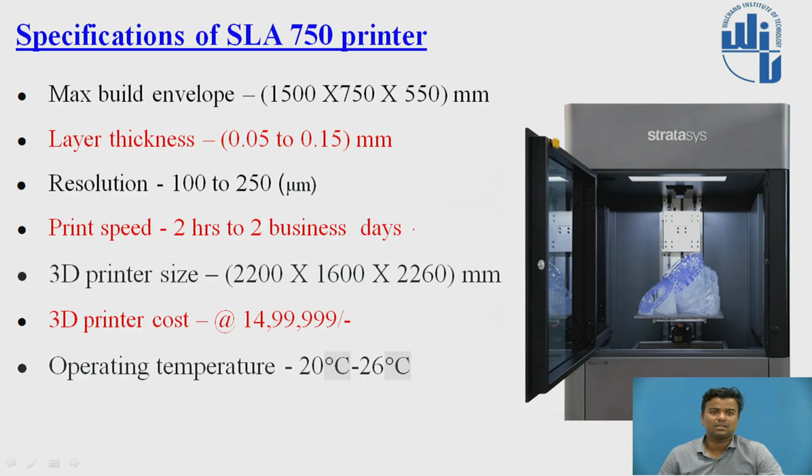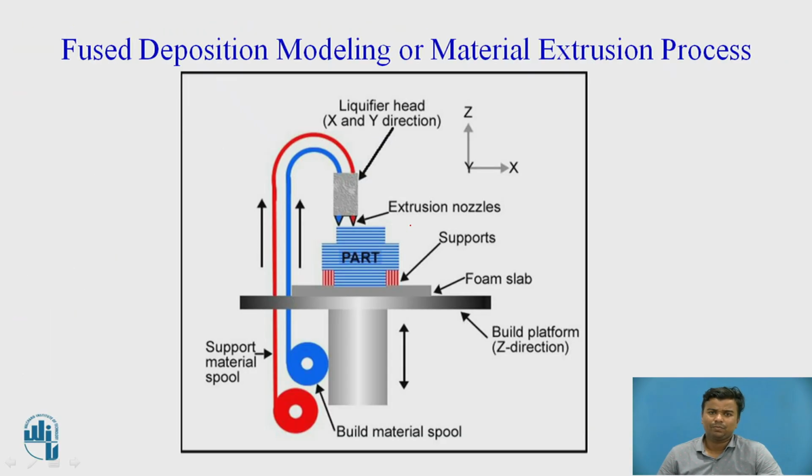Resolution or accuracy is 100 to 250 micrometer. The printing speed is from 2 hours up to 2 business days depending on your application. The printer size is 2200 up to 2260 mm. The cost is approximately 15 lakh. The ambient temperature should be 20 to 25 degrees Celsius.